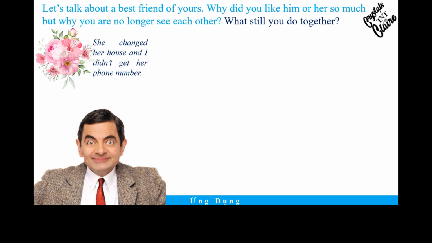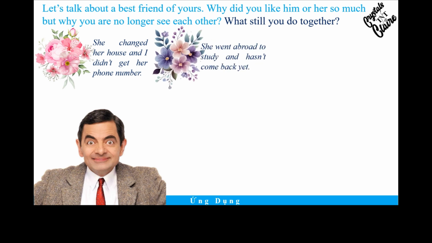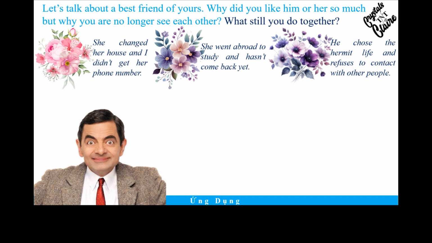didn't get her phone number. Yes, that's the first reason. The second one: she went abroad to study and hasn't come back yet. Yes, we still contact through Messenger or Instagram, but we no longer see each other because she hasn't come back yet. He chose the hermit life and refused to contact other people.